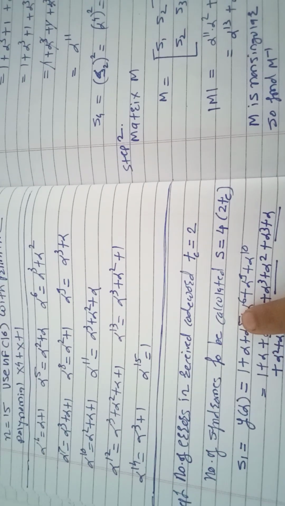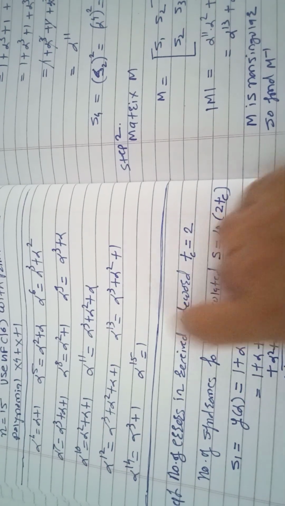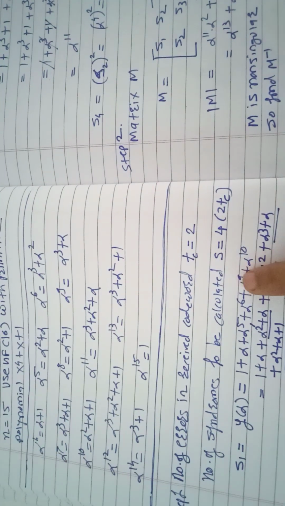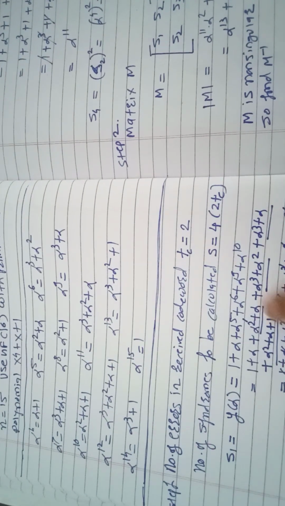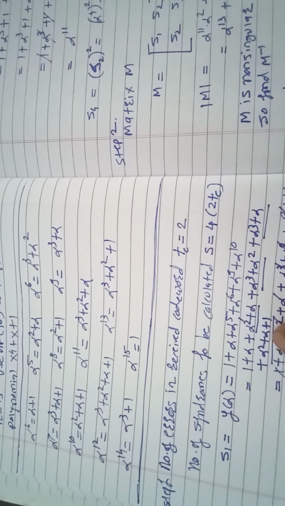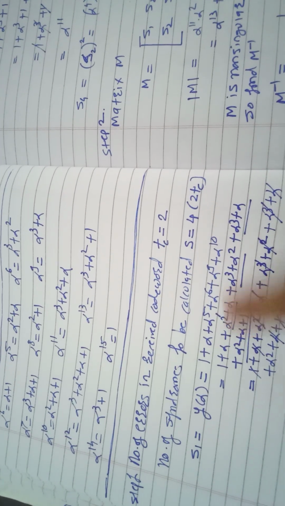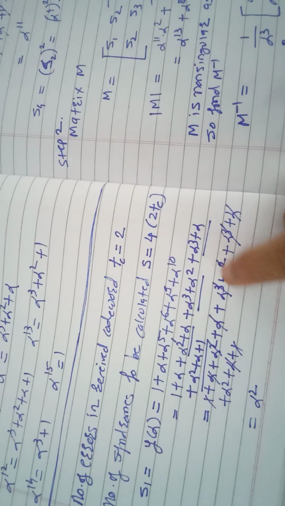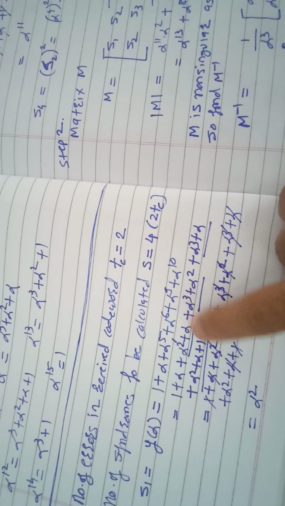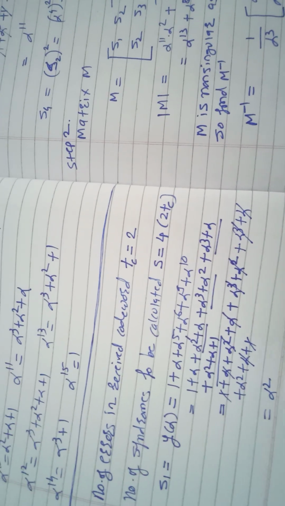Alpha 5 is alpha square plus alpha, alpha 6 is alpha cube plus alpha square, alpha 9 is alpha cube plus alpha, and alpha 10 is alpha square plus alpha plus 1. After that you have to cancel out similar terms in this equation. Alpha square cancels with alpha square, and the similar terms are cancelled out. The remaining is only alpha square. So S1 is alpha square.